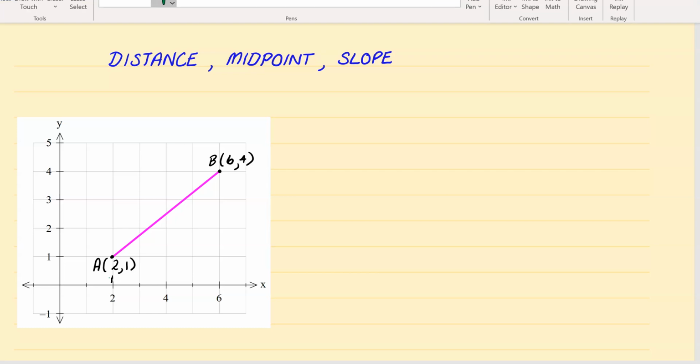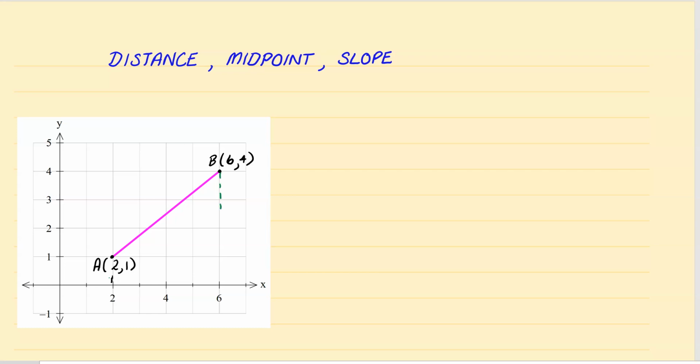Now I could grab my ruler and measure, but it's going to be a bit annoying, especially if I've got really large values. I don't want to have to draw them every time, and I don't want to have to draw it to scale every time. So we recall our good old friend Pythagoras. Yep, he pops his head up there every now and again. Pythagoras deals with right-angled triangles, so we're good to go there.